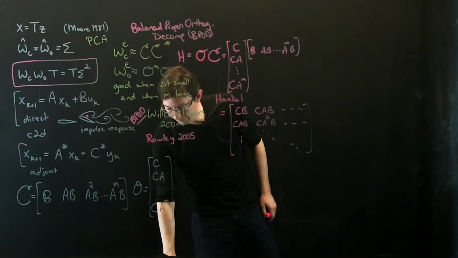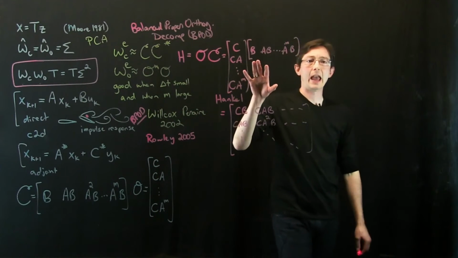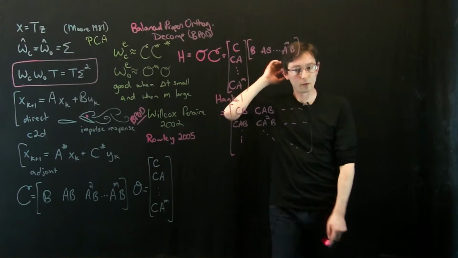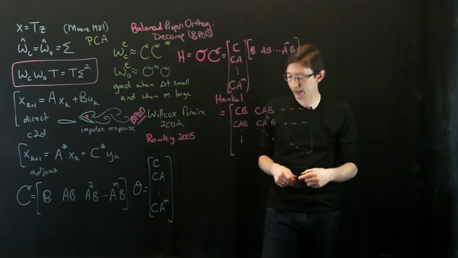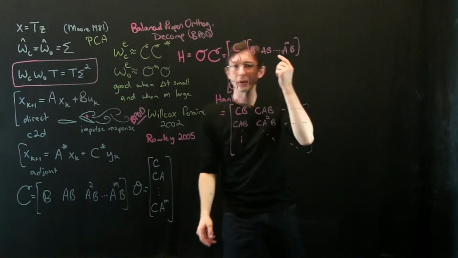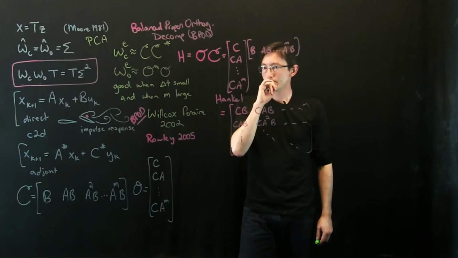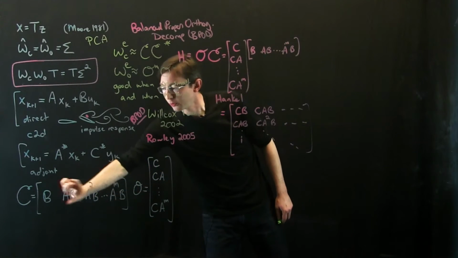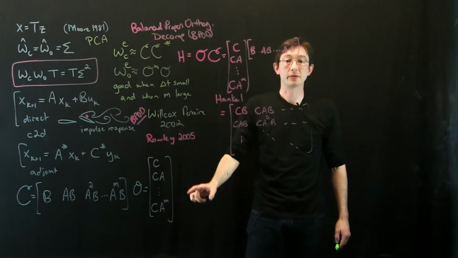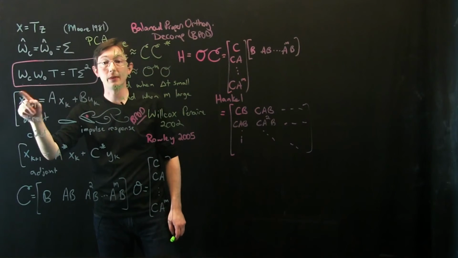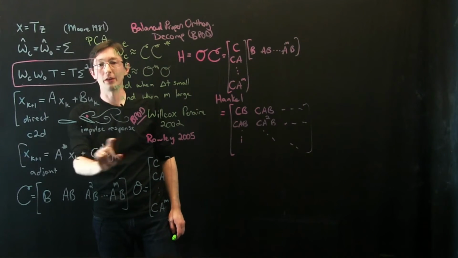And so this Hankel matrix, we're going to come back to this later when we talk about the eigensystem realization algorithm, but I just want to plant this idea in the back of your mind. We built our controllability matrix and our observability matrix assuming that I could measure my full state X and I could run this adjoint simulation.